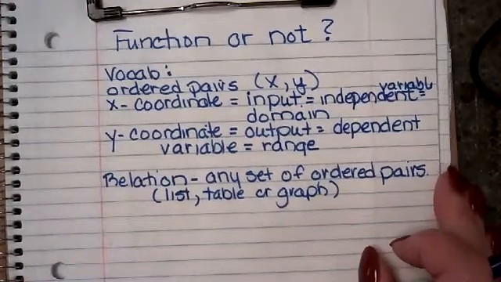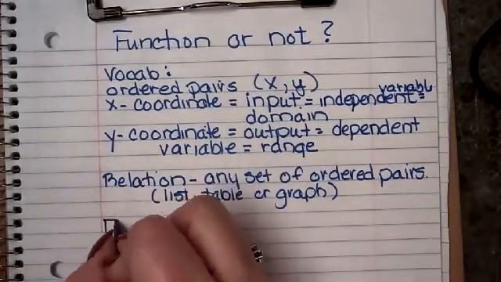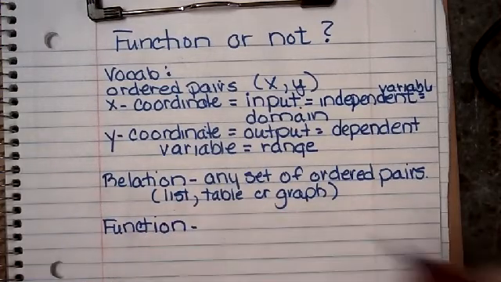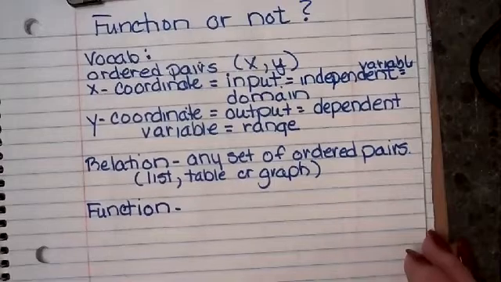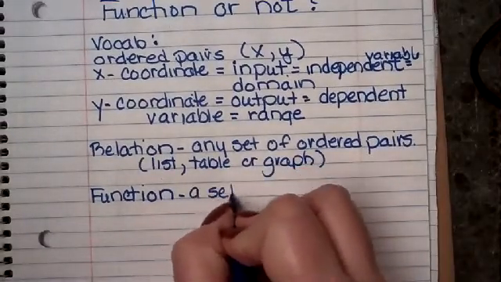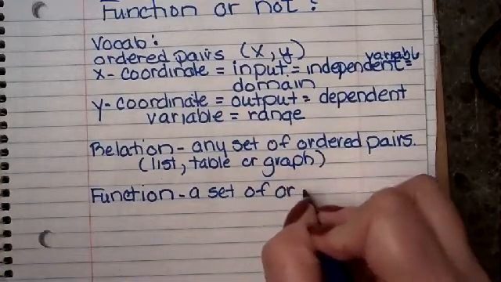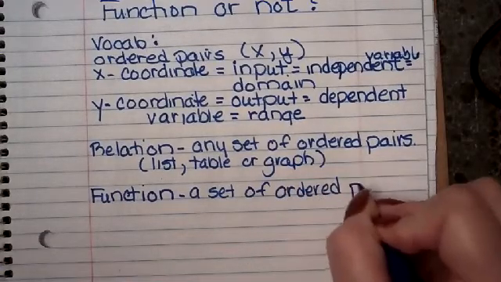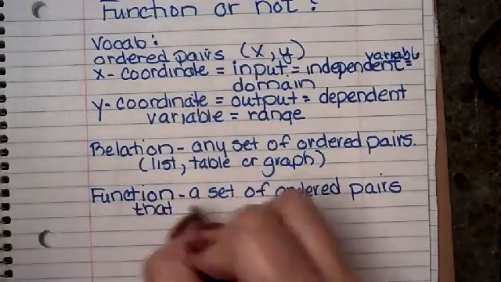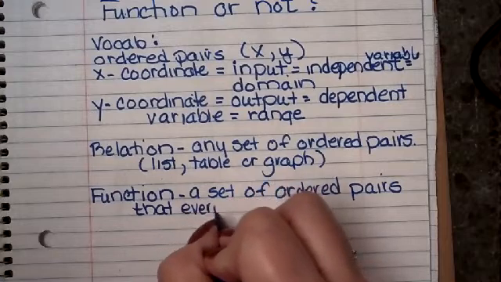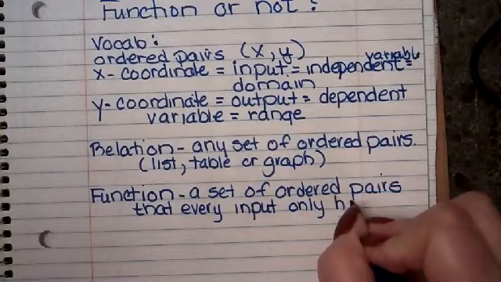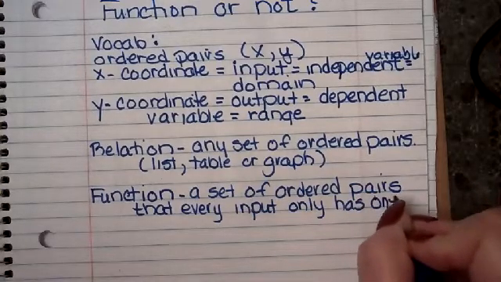Okay, now our next word is function. Okay, a function is a set of ordered pairs that every input only has one output.